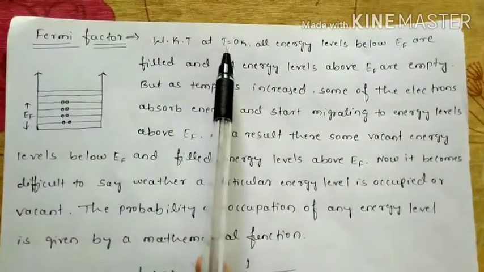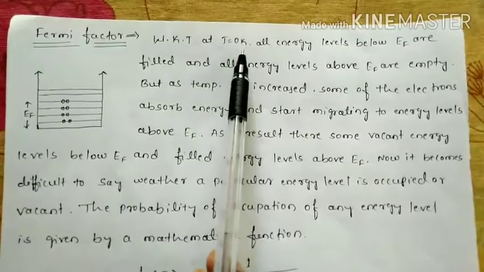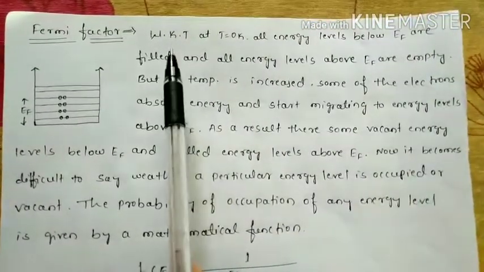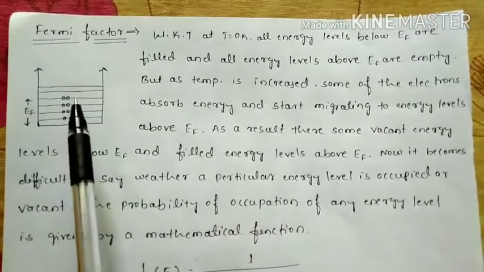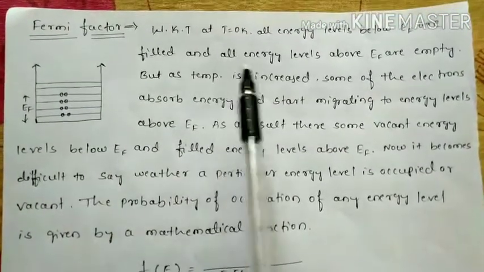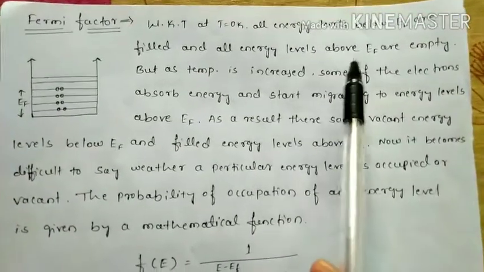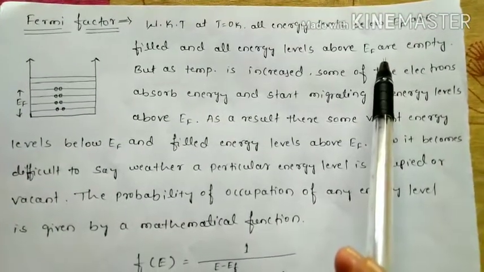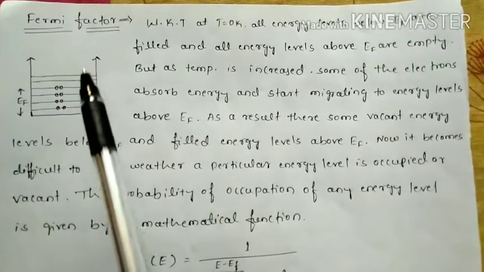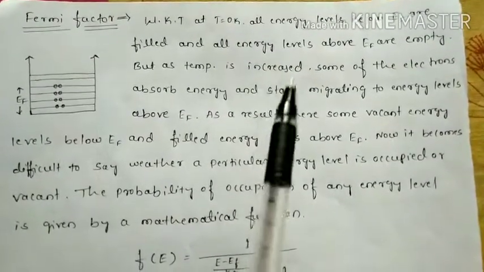We know that at T equals 0 Kelvin, all energy levels below Fermi energy are filled. So this is the Fermi energy level. All the energy levels below are filled, and above the Fermi energy level, all the energy levels are empty.